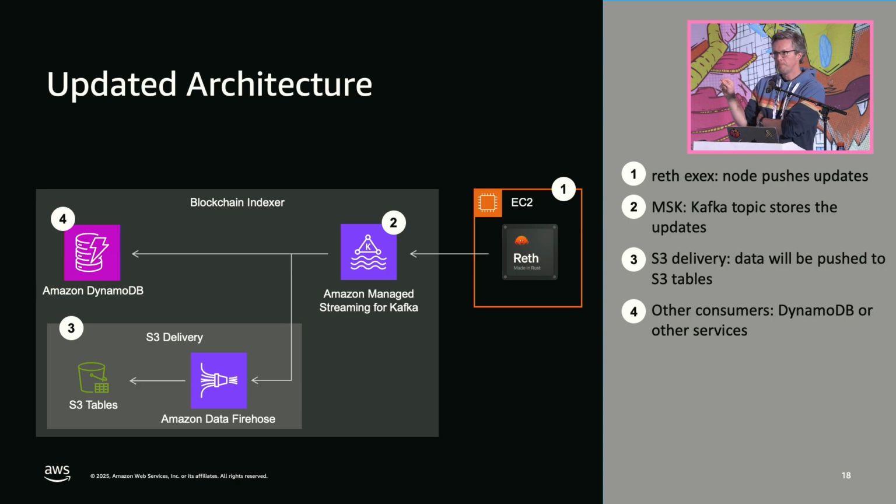And the Reth node does one thing that is really useful. It gives you the ability to define so-called execution extensions that are directly compiled into the node itself. What an execution extension does is it gets a block whenever it's processed by the node, and then it's up to you what to do with that data.